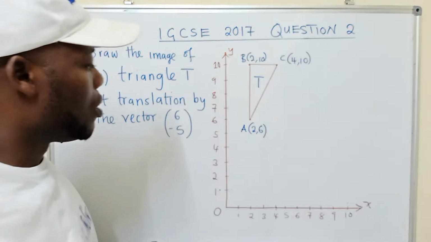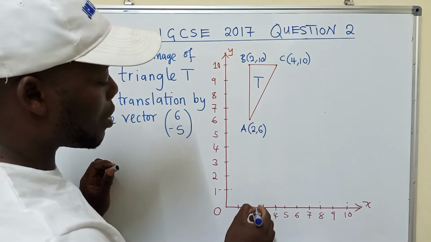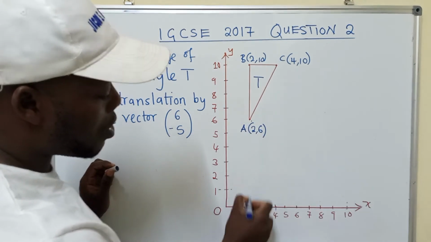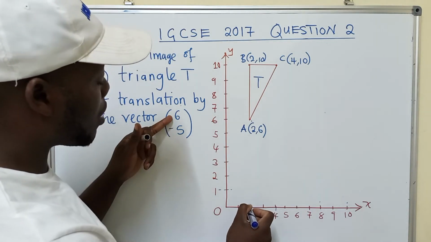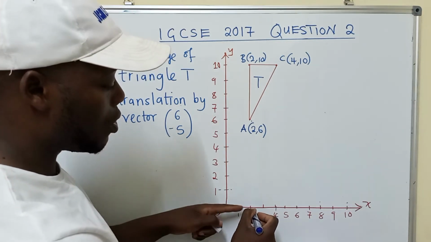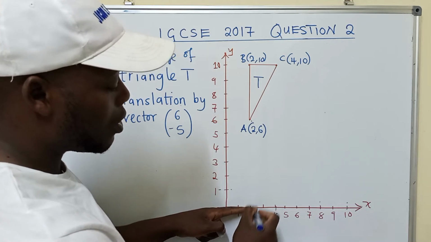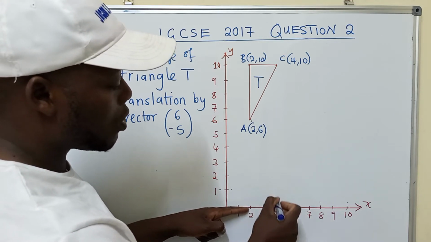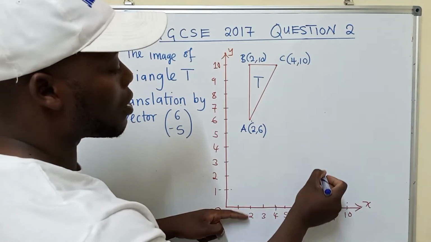Okay? So we can start with one point. I'll start with A. A is at 2 along the x-axis, and along the x-axis we are moving 6 steps. So from 2 here, we shall say this is where our 0 is. So 0, 1, 2, 3, 4, 5, 6. So our 6 is falling at 8.